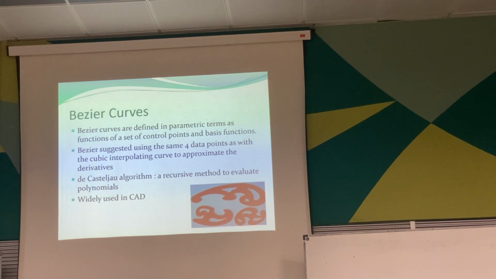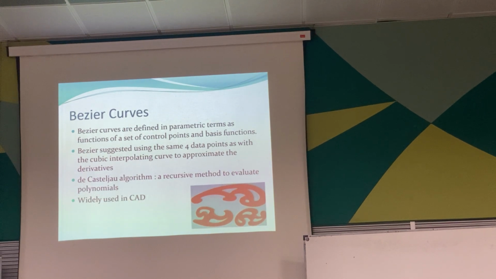He suggested that using four control points will give you a cubic. We will see later what cubics are. We connect them by interpolating the approximate derivative, the delta. So we have this algorithm from the Bezier curve.